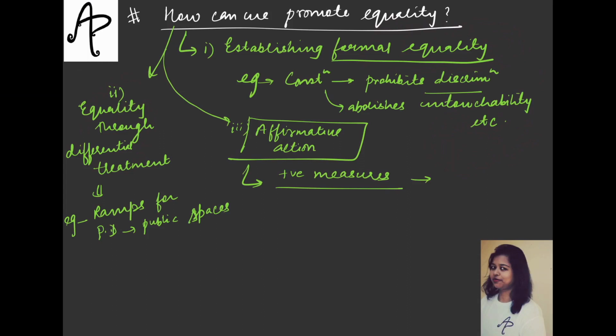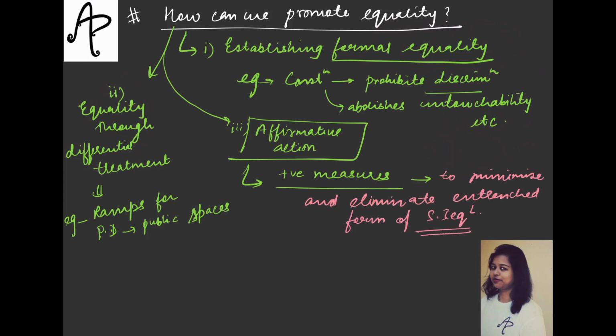So basically you are taking positive measures here to help them, or let's say to minimize and eliminate the entrenched form of social inequality, which has been going on for so long. So to tackle that, you are taking certain positive measures.